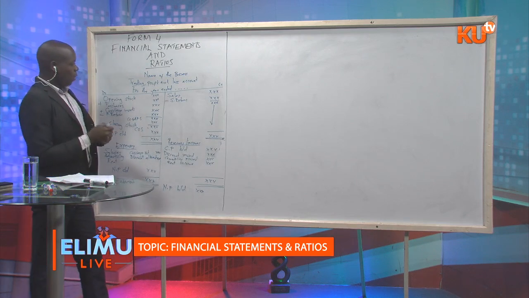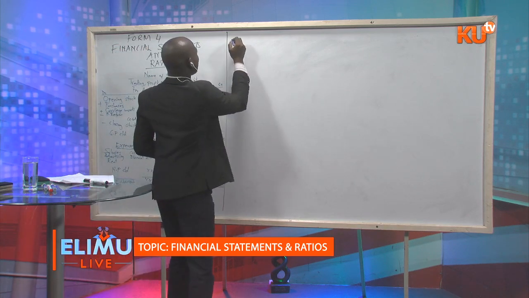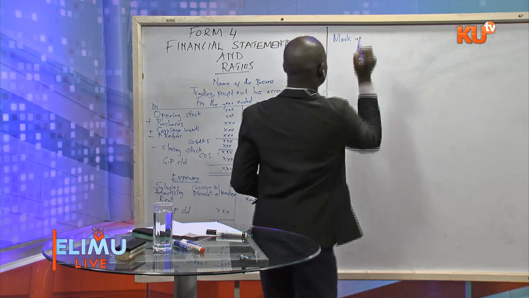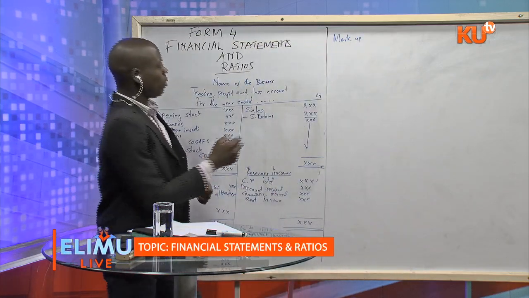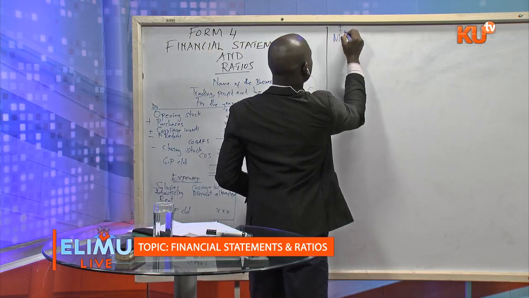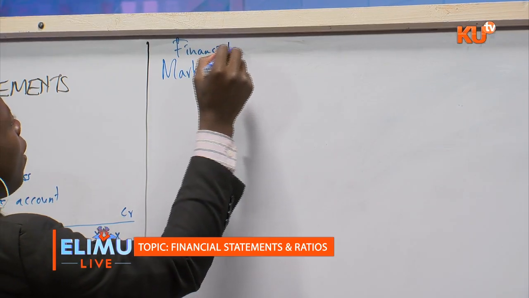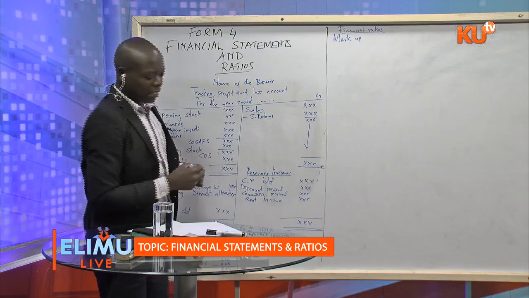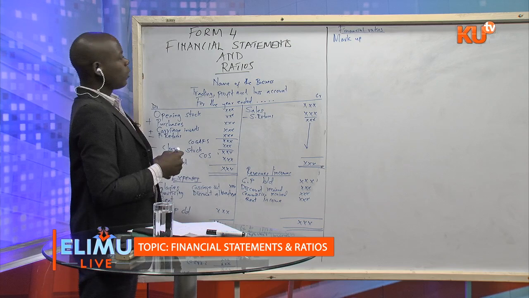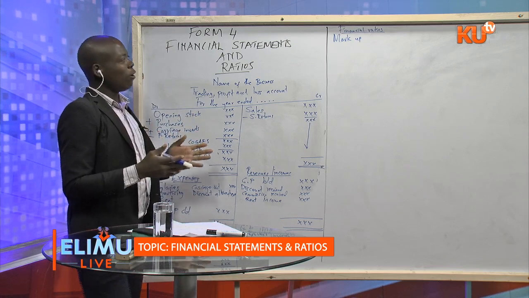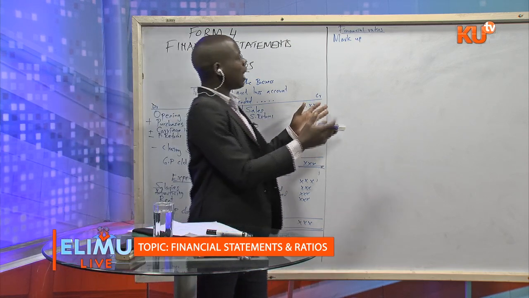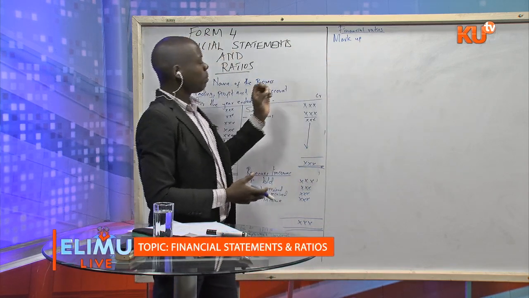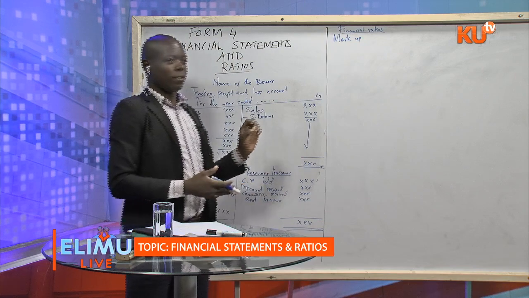Now, the first main ratio that we need to know is what we call markup. That is the first ratio. We can call this one financial ratios. So how do you calculate markup? The explanation of markup as a financial ratio is simply a ratio of the gross profit to the cost of sale.